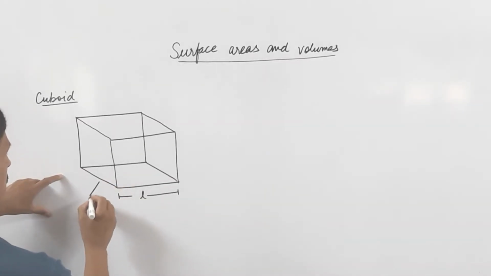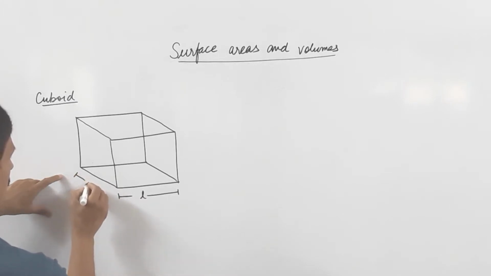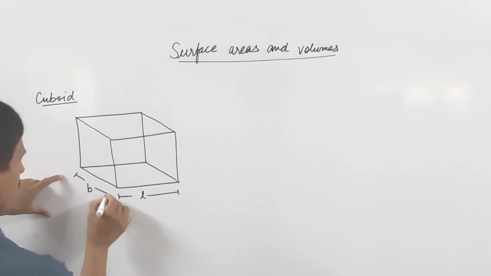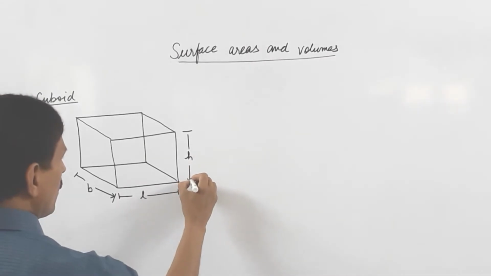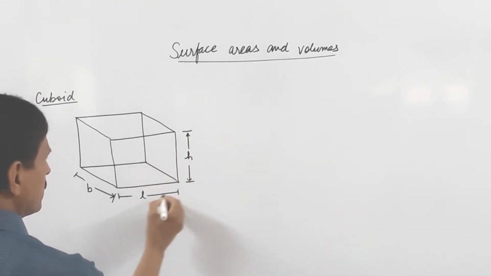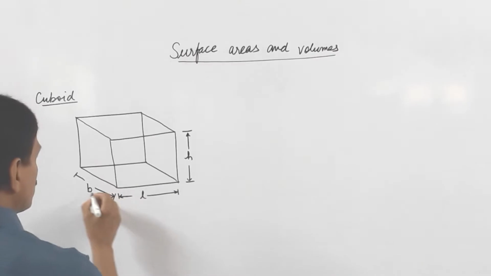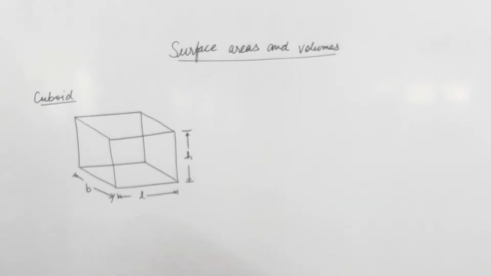This is breadth of the cuboid, and this is height of the cuboid. So solids have three dimensions.